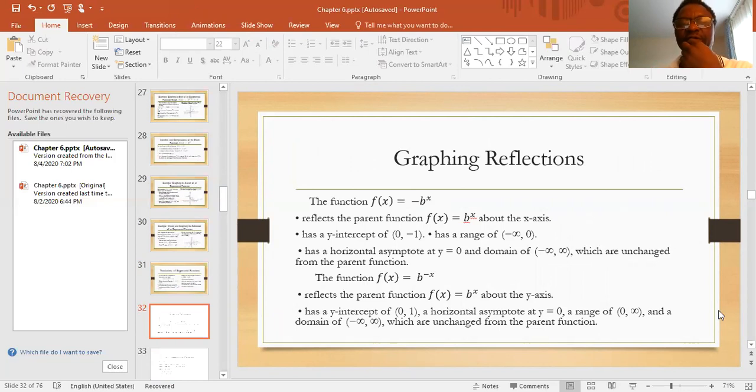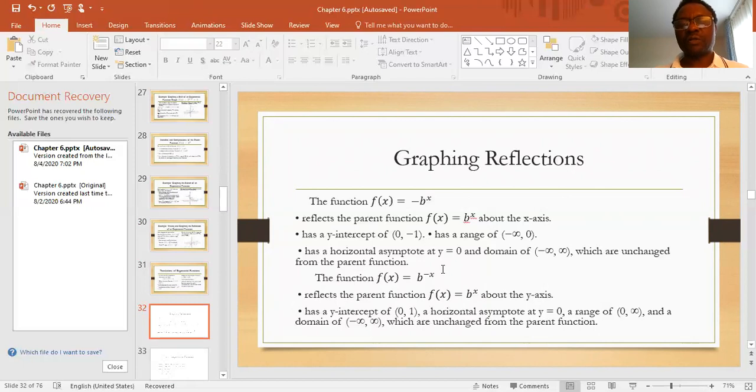So graphing reflection, we have discussed this. I've skipped the first two lines because that's what we covered in the previous section.